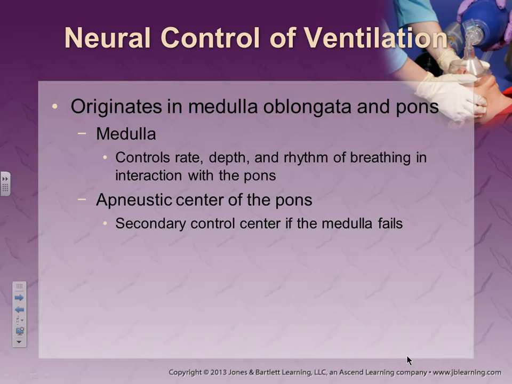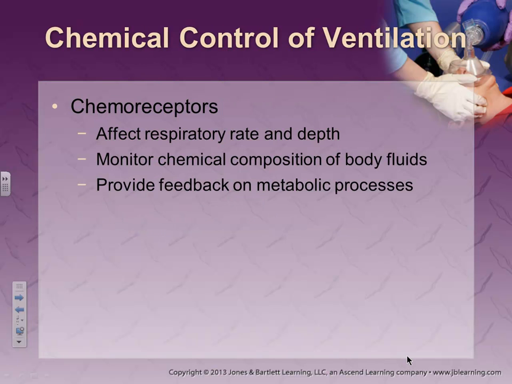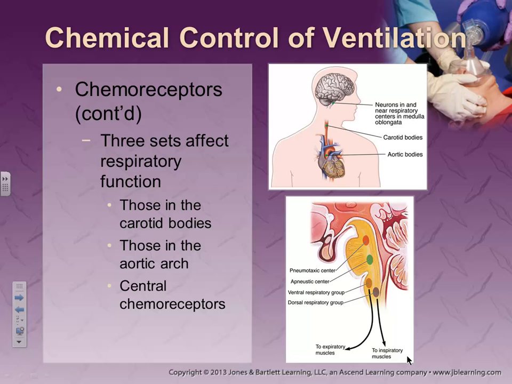Y'all should know that back from advanced. The primary chemoreceptors that look at the pH of the blood are in the carotid bodies and then in the aortic arch, right? And the chemoreceptors in the central nervous system pick up the pH and the amount of CO2 in the what? Cerebral spinal fluid.